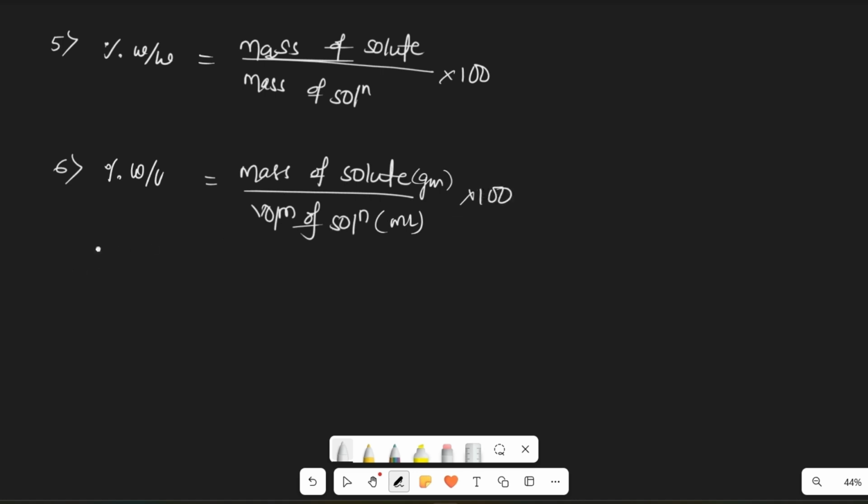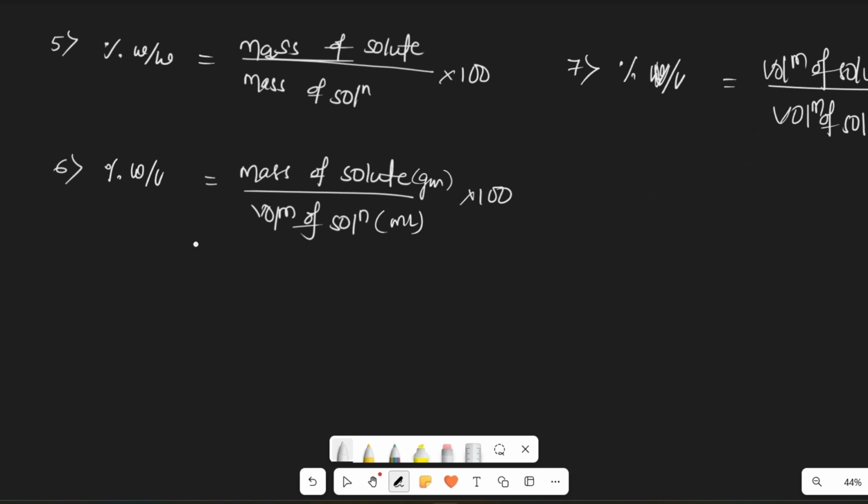And the seventh concentration term is percentage volume by volume. Here the volume of solute by volume of solution into 100. So these are the concentration terms.